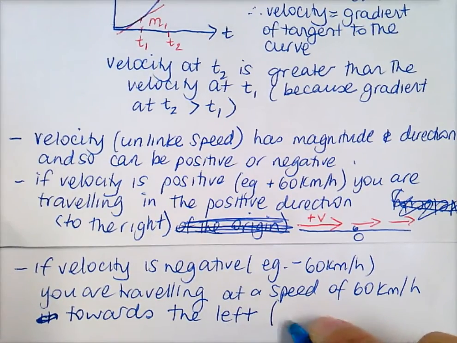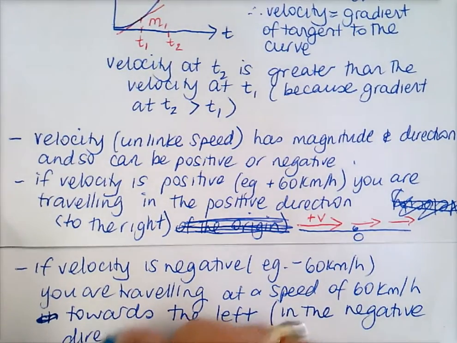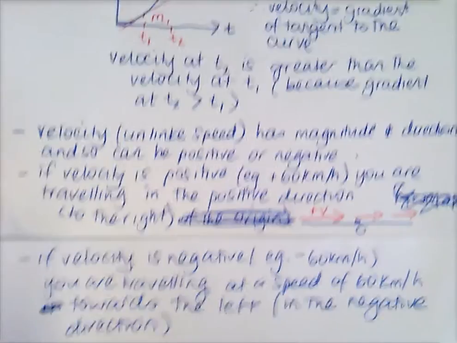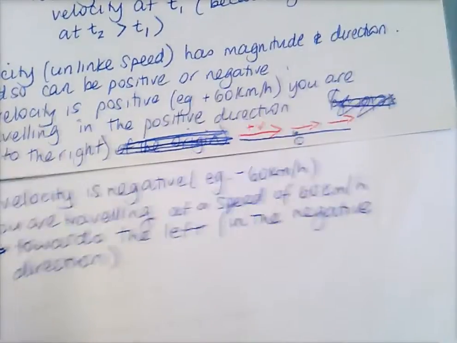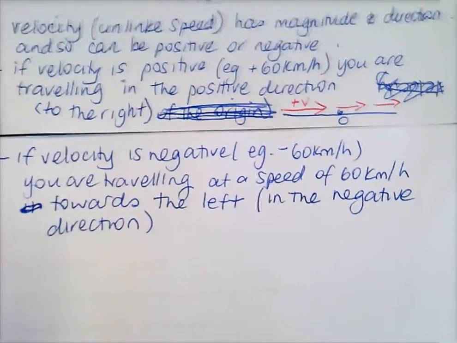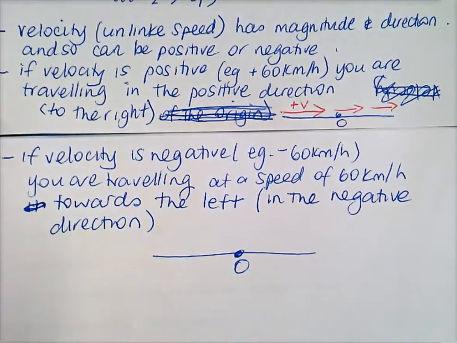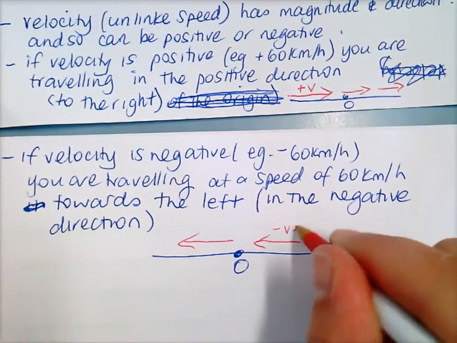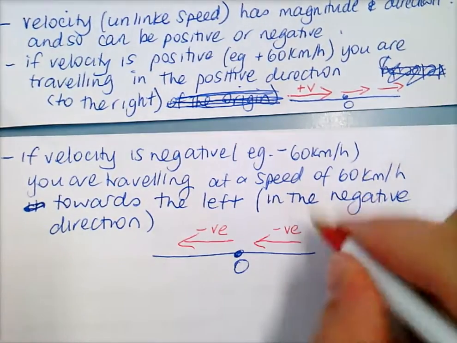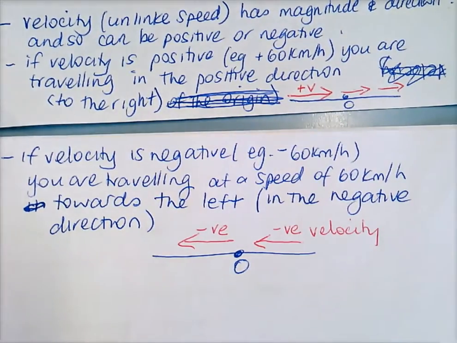Does that make sense? You are travelling in the negative direction. Negative 60 kilometres per hour doesn't mean you're travelling at negative speed. No one can do that. We're not time travellers. We don't go back in time. So we've got 0, there's the origin. It doesn't matter whether you're travelling down here or up there. This is negative velocity, because you're travelling in the negative direction.